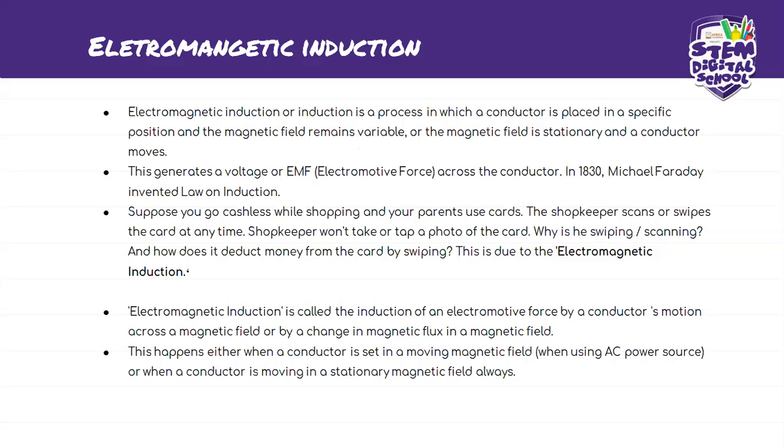When you're swiping a card, there are magnetic components that scan the card, and somehow electrical energy happens there, and your information is read and you have paid. So that is a process of electromagnetic induction.